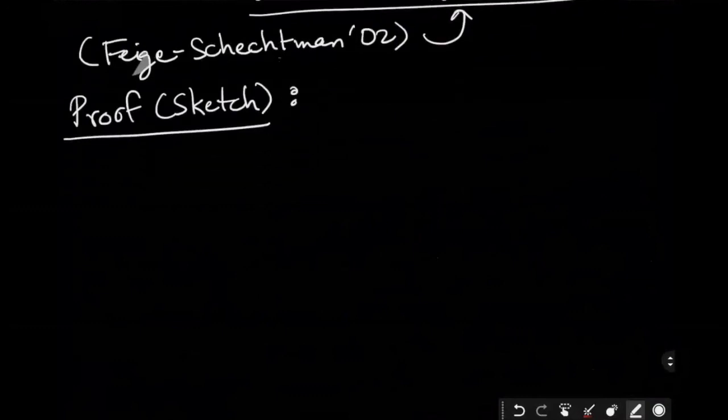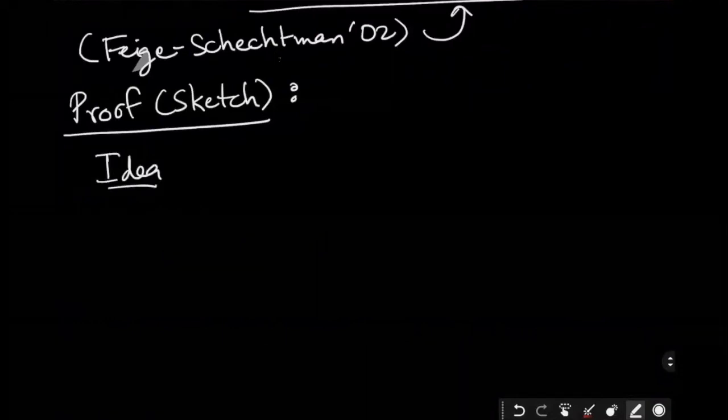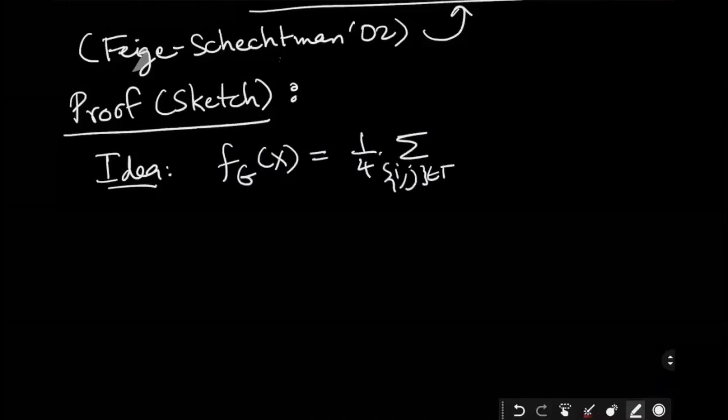So what's the idea? The idea is to observe that if you look at this polynomial fG(x), and right now we are not even specialized to this cycle graph, let's just look at fG(x) in general. Remember, this polynomial was 1/4 times the sum over ij in edges of (xi minus xj) square.